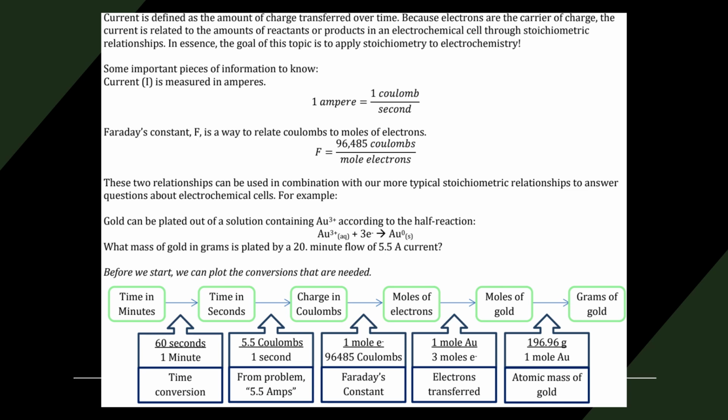We have minutes, so we have to convert our minutes to seconds, convert our seconds to coulombs, and from there convert your coulombs to moles of electrons with your F, and then use some stoich, and then the atomic mass of gold in the end. It kind of blows my mind actually, not gonna lie.